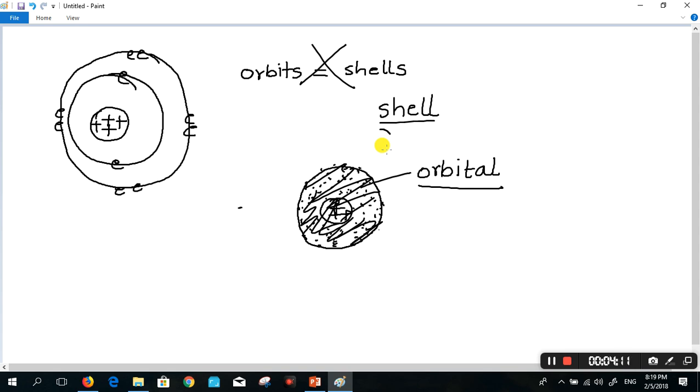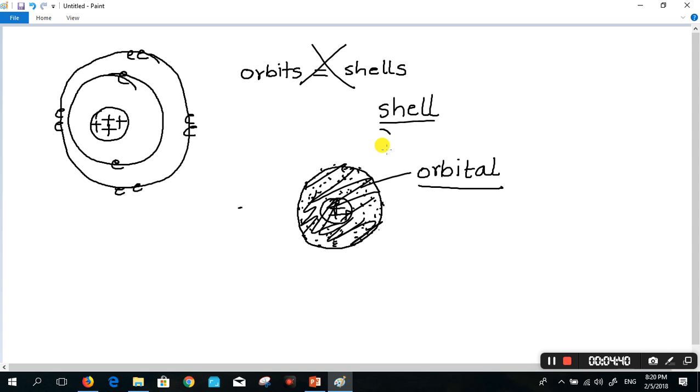They're not the same. An orbital is like physical space in which the electron is, and shell is referring to the energy level. Now it just so happens that every electron in every orbital will also correspond to a particular energy level. So we can say that this particular orbital belongs to a particular energy level.